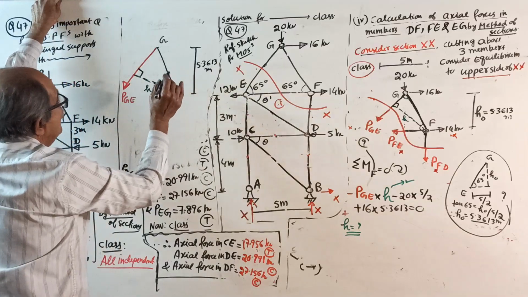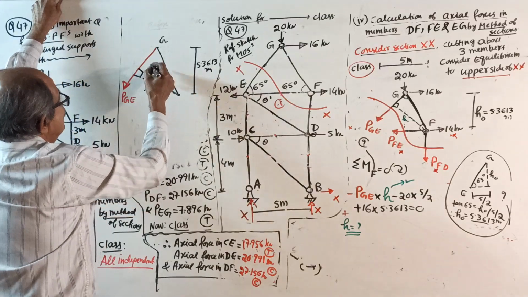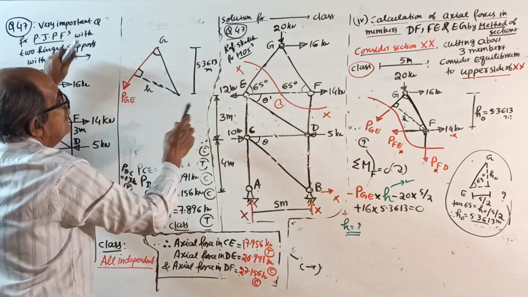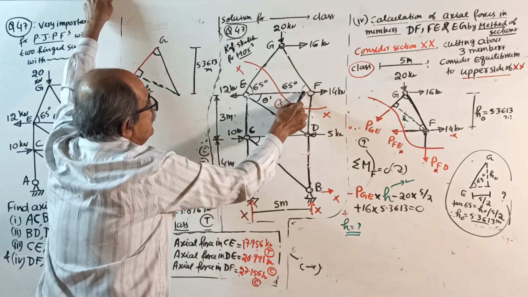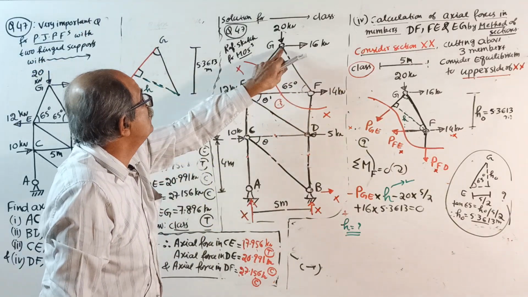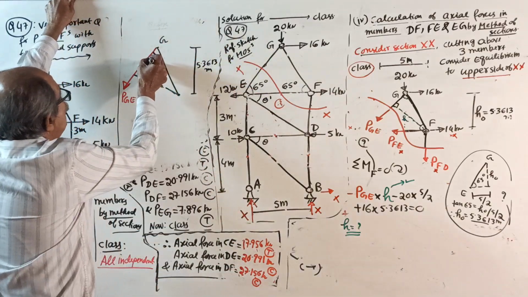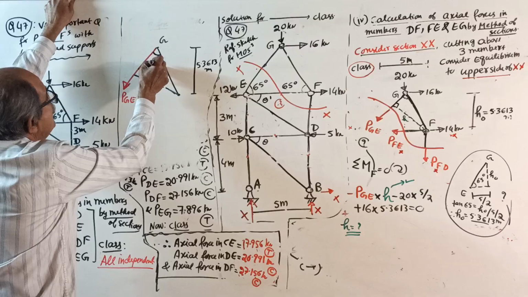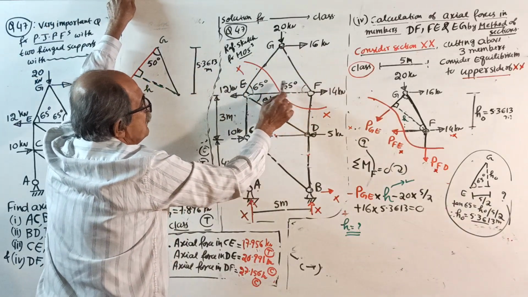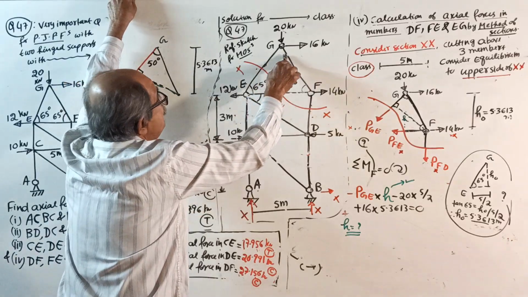And therefore, we require this angle, which is a known angle. Why? 65 degree, 65 degree, total 130 degrees, so this will become 50 degrees. No one should ask me, sir, how you got 50 degrees? You are studying engineering. This triangle, 65, 130, this is 50 degrees.